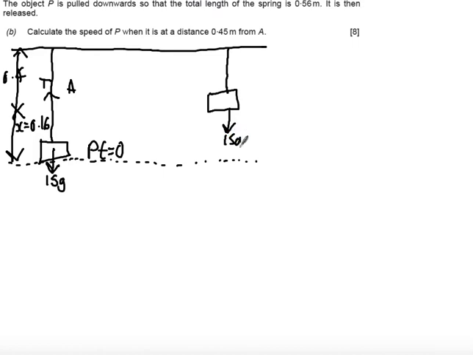Still got the 15g, still got a tension. However, this time the particle is going to be moving. Now, what we know is this time the distance between the two, there is the 0.4 natural length, but it's 0.45 away, so we have an extension x equals 0.05.